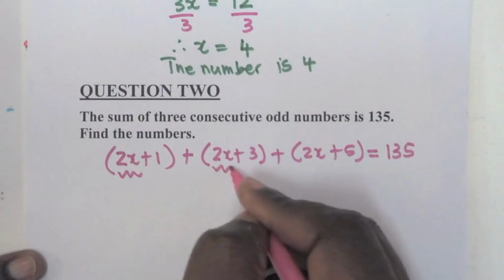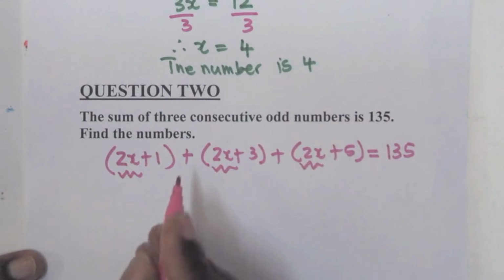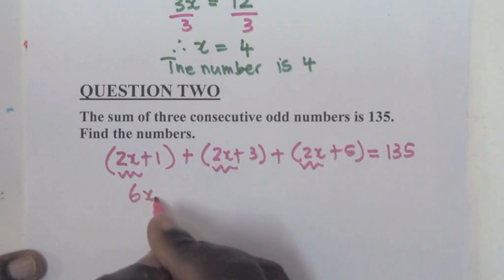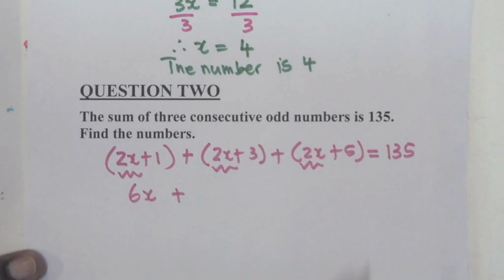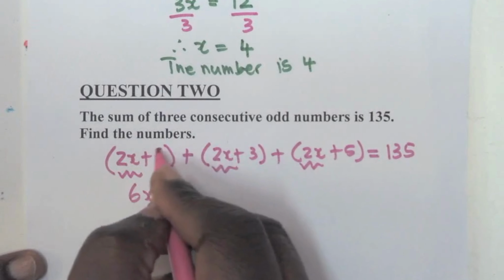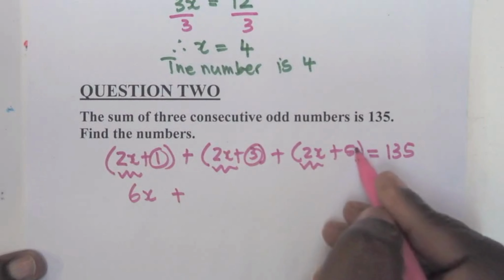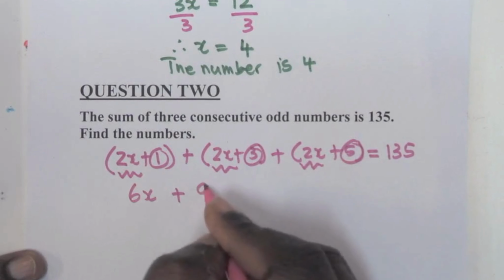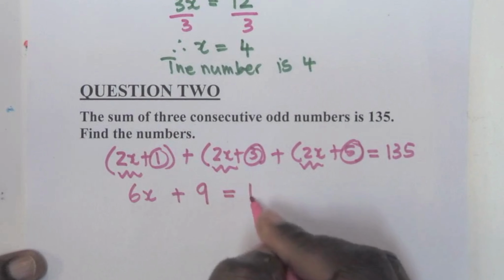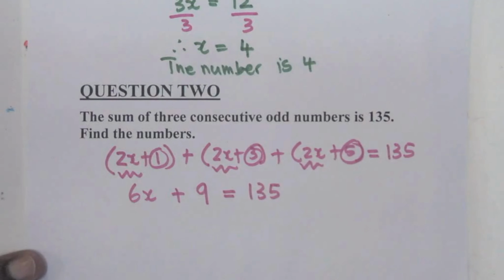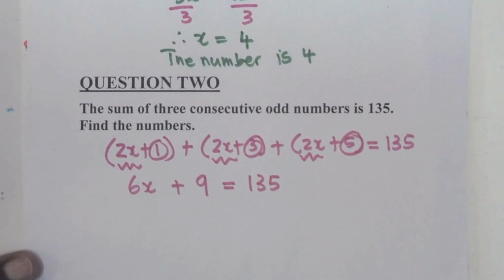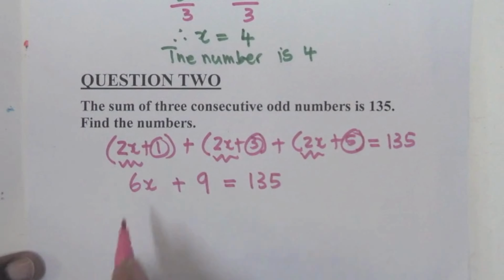These are like terms, and if I add them together, I'm going to get 6x plus, then I look at the other like terms that I have in the question, and if I add them, I'm going to get 9 equal to 135. Then from here, I can solve the equation.